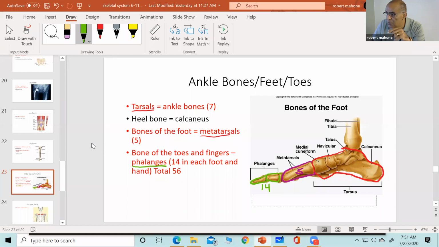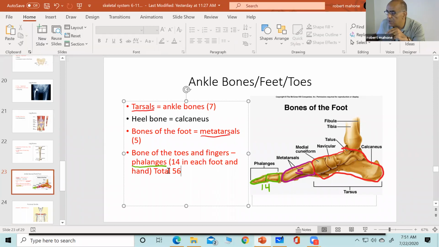So the bones of the toes and fingers are the phalanges, 14 in each foot for a total of 56. You just want to know that these bad boys right there are the phalanges, the bones of the fingers and toes. It's the bone that we have the most of, 56 of them.